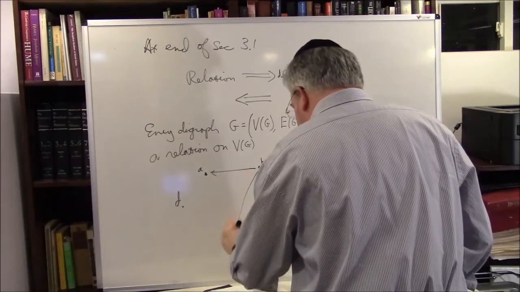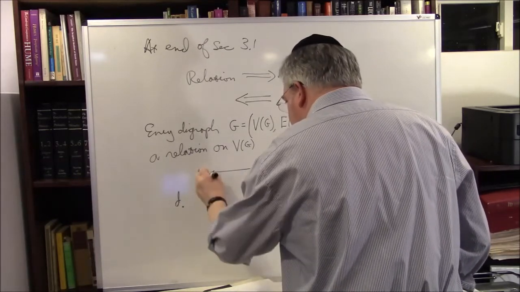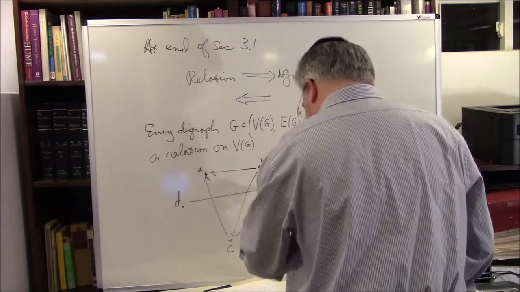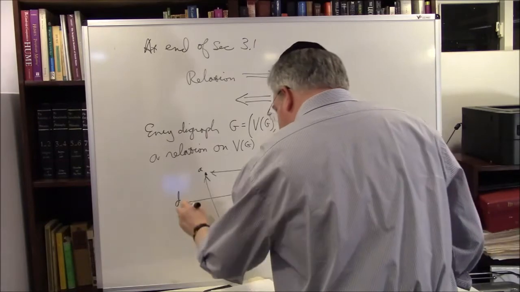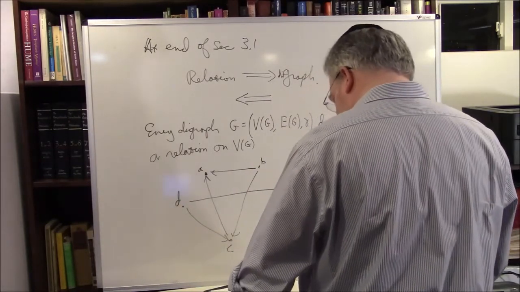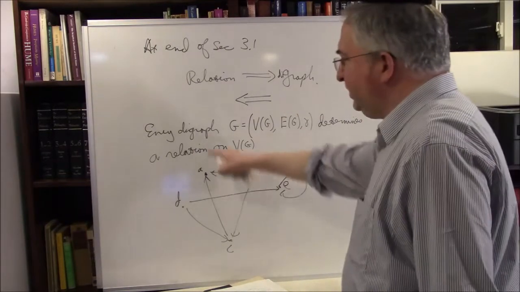B goes to C. C goes to A. D goes to E. D goes to C. Okay, that pretty much takes care of it. So now that's a nice digraph.